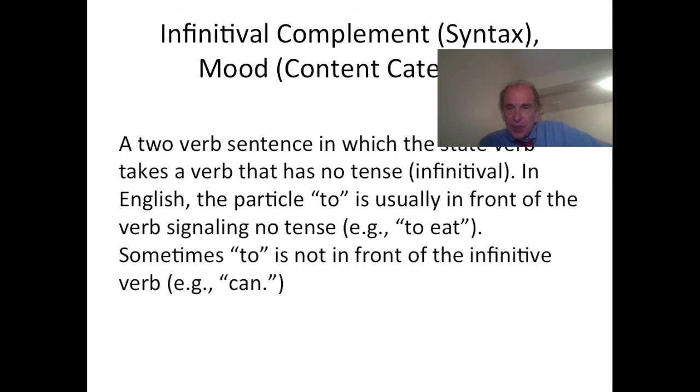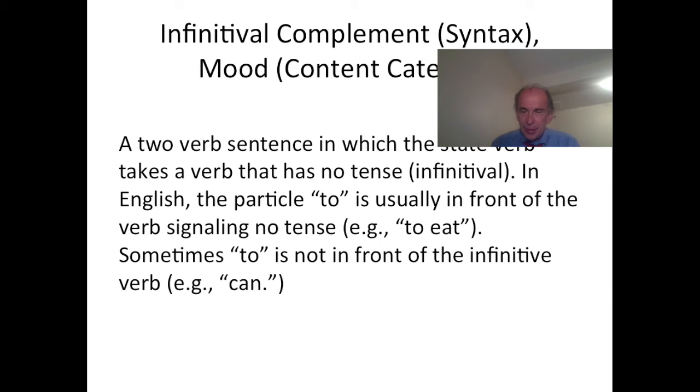Now, what does infinitival refer to? The infinitive form of a verb. And in all languages, there is infinitive forms, the root form of a verb. That form has no tense attached to it. And in English, it's usually marked, it comes with a particle. That particle is to. To is not a preposition in this case, it is a particle.